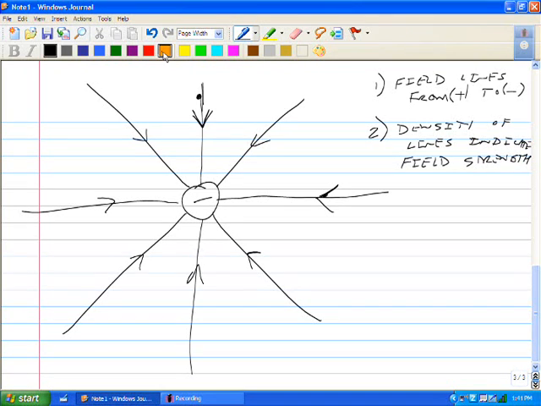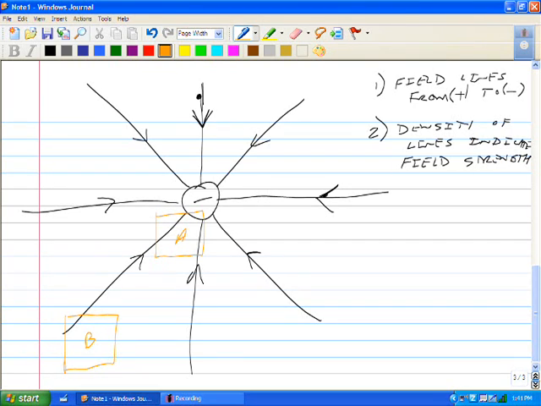What do I mean by that? If I draw a square of that size, and then I draw a same size square farther away from that negative charge, what's true about the density of the field lines in square A and square B?